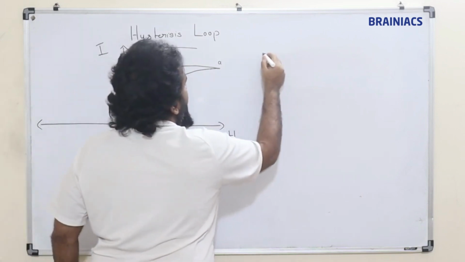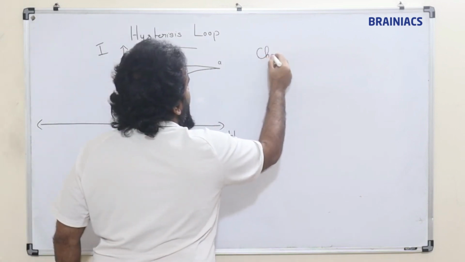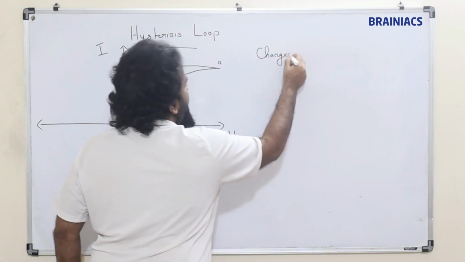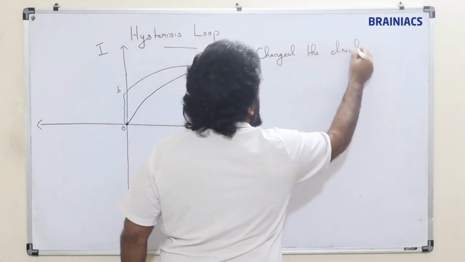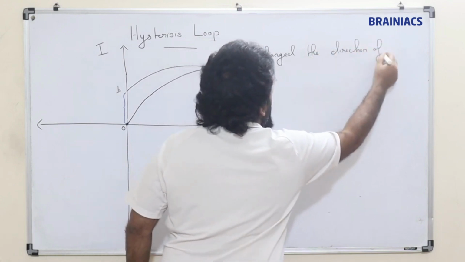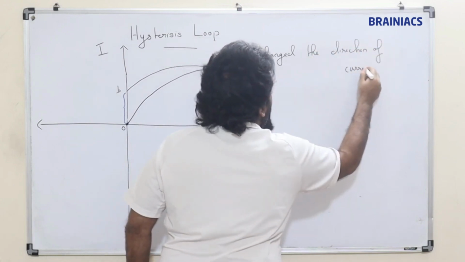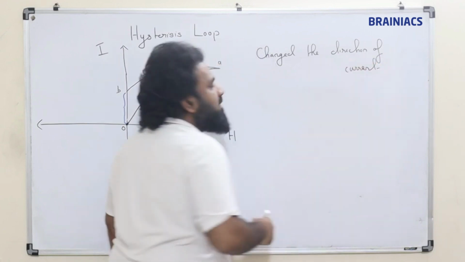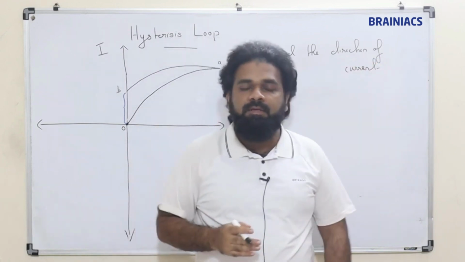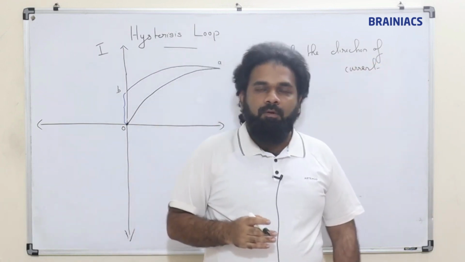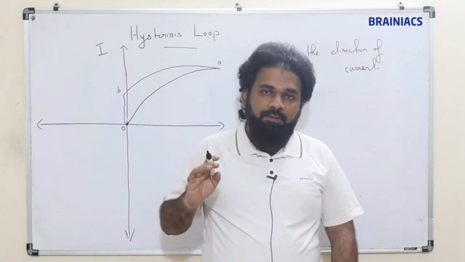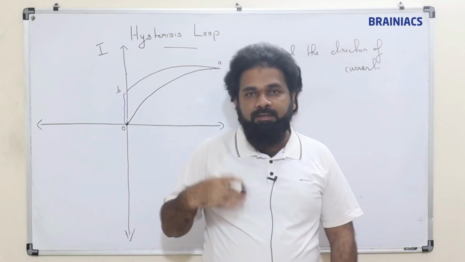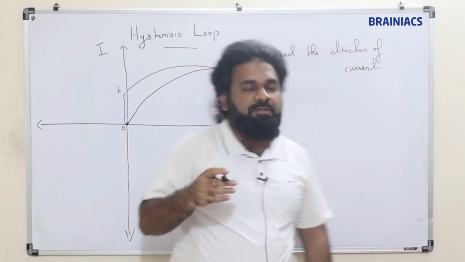So what we are doing is we changed the direction of current. When we change the direction of current, the magnetizing field will change its direction. Now we will start magnetizing the material in the reverse direction.